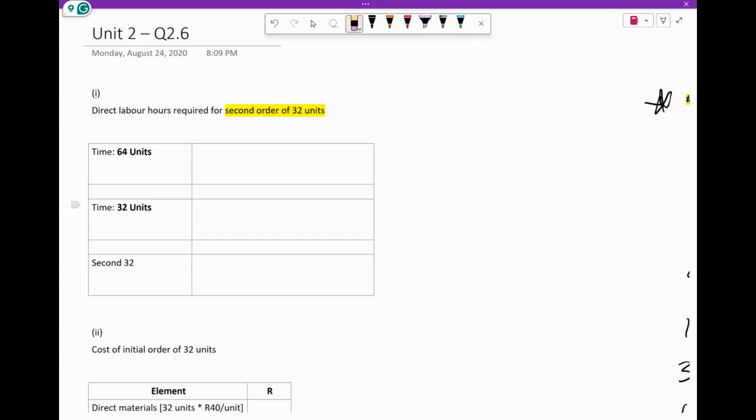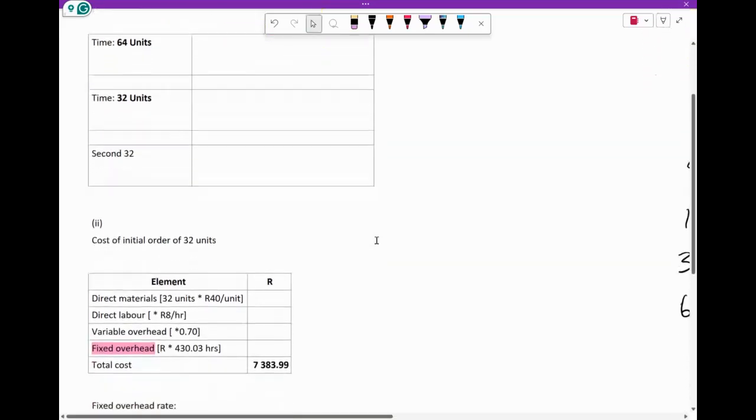Okay, right. Cool. So then from there, the next step, we go to point 2, and it says, using the data provided, estimate the product cost for the initial 32 units. Okay.